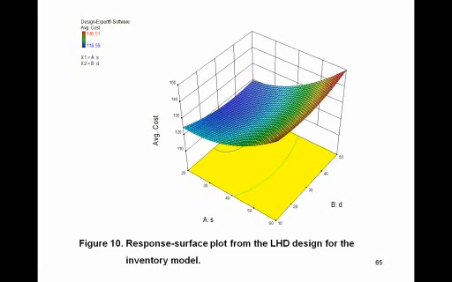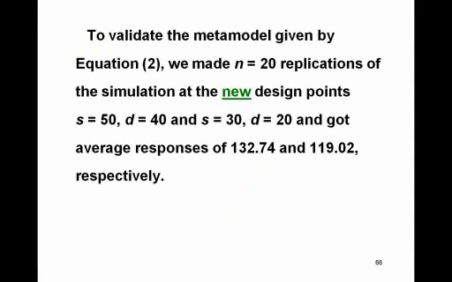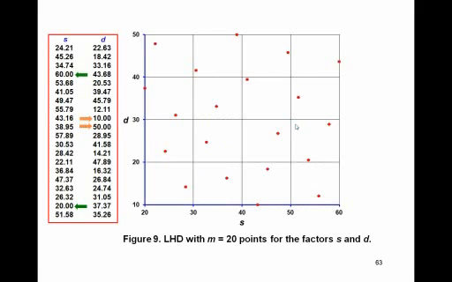And what I decided to do to validate it, let's come over here for a minute. To validate the meta model given by equation 2, I looked at two new design points that were not simulated before: little s equals 50 and little d equals 40, and little s equals 30 and little d equals 20. If we come back and look at this here, 50, 40 is that point right up there, and the other one, 30, 20, would be that point right there.